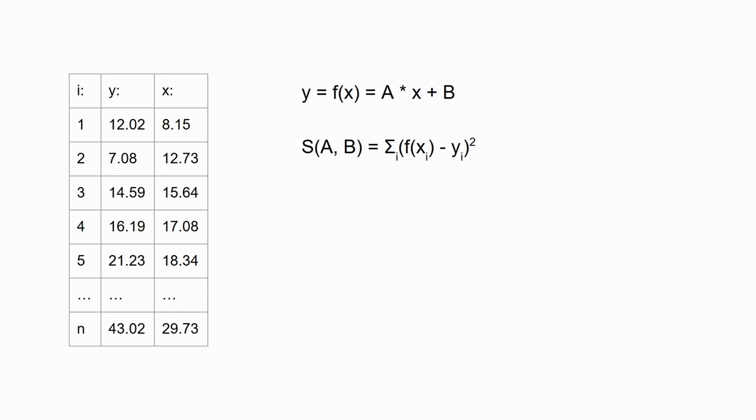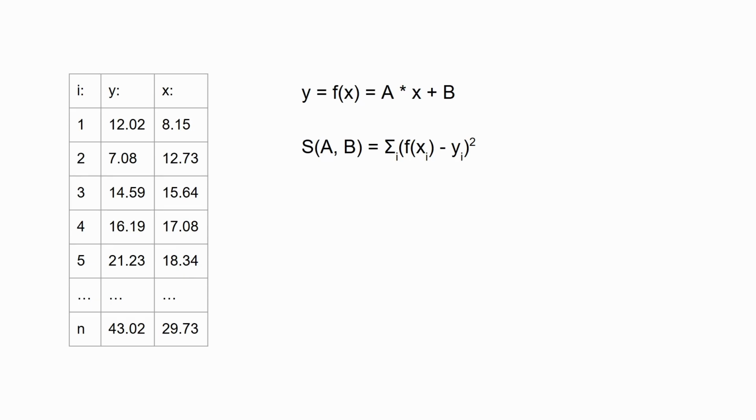Each of these differences can be positive or negative, since the points might lie below or above the function f. We want to know for which values of a and b the sum of the absolute values, without sign, is the smallest.